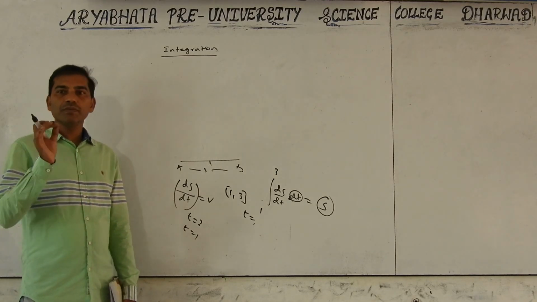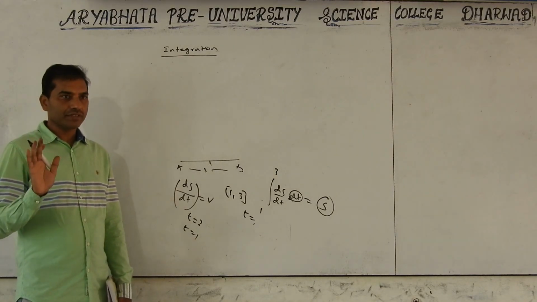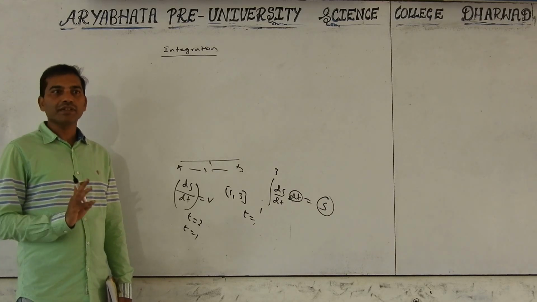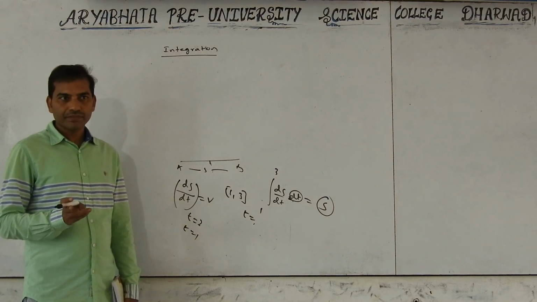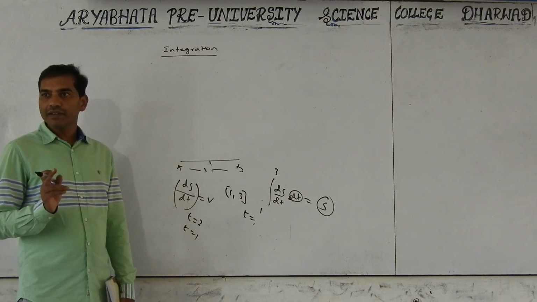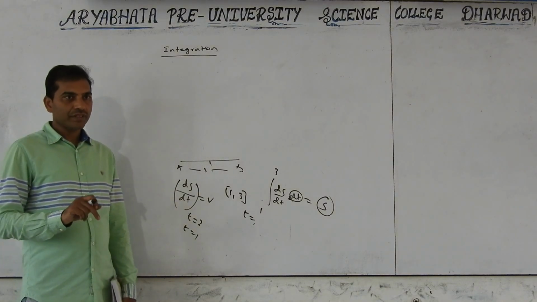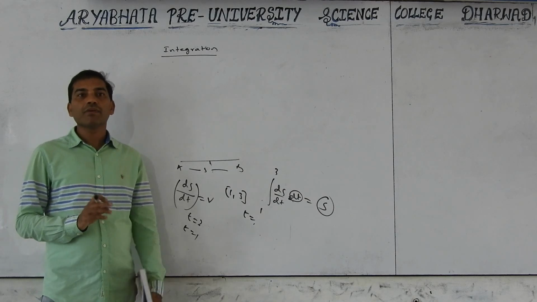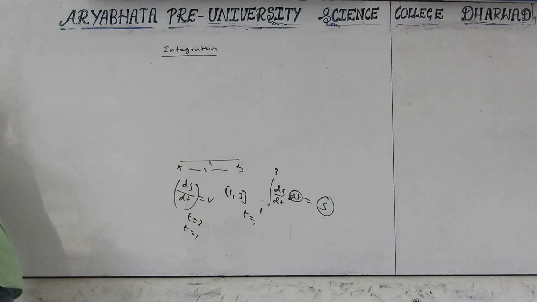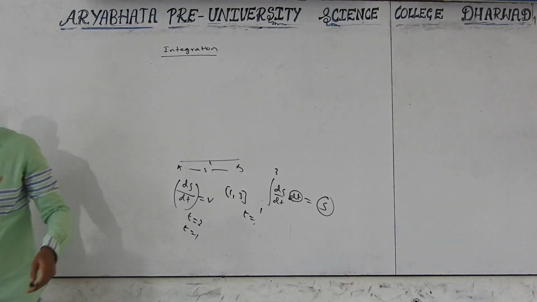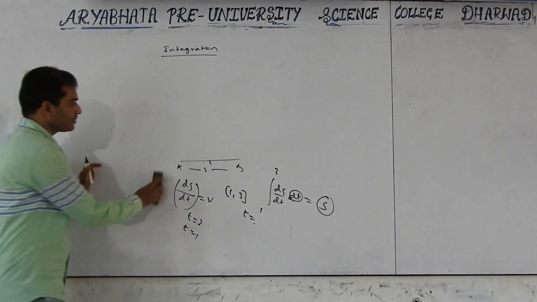In that, a few methods are in your syllabus. Those are the main 3 methods. First one, integration by substitution. Second one, integration by partial fractions. Third one, integration by parts. In that, again you have many methods.